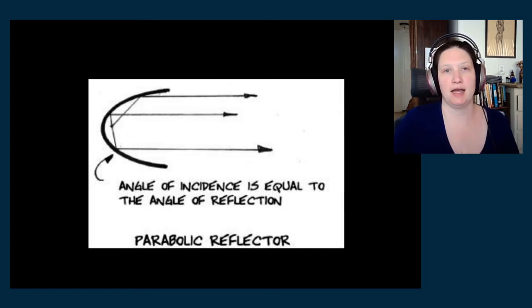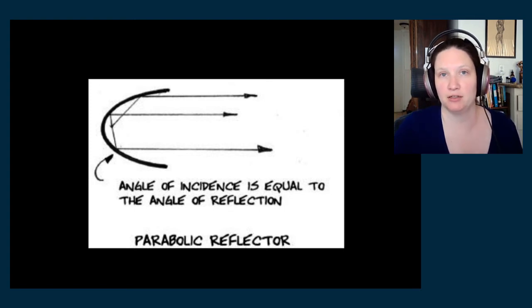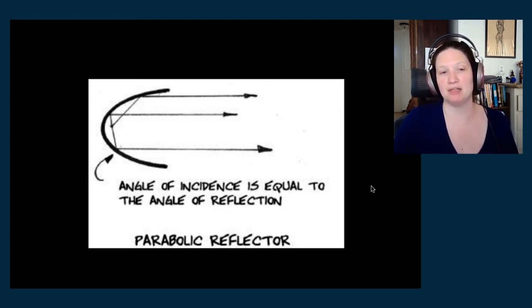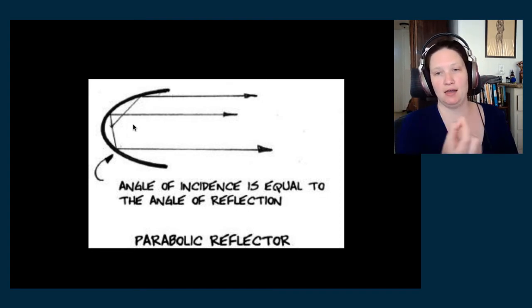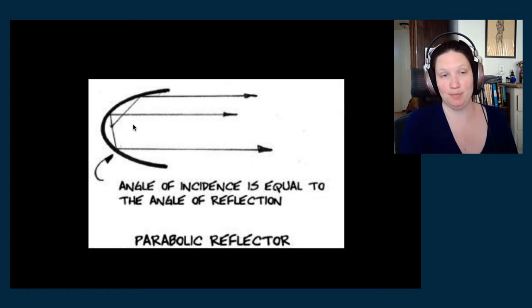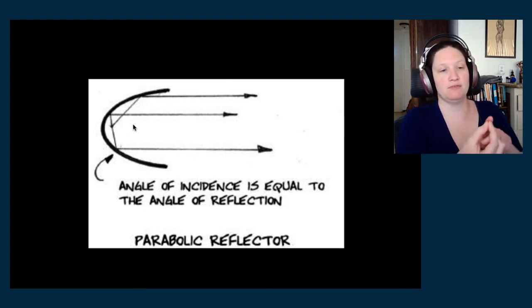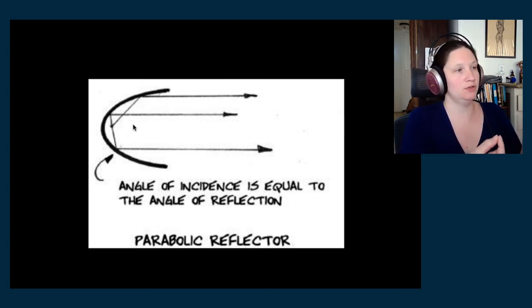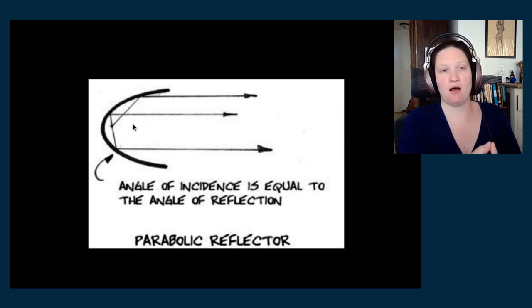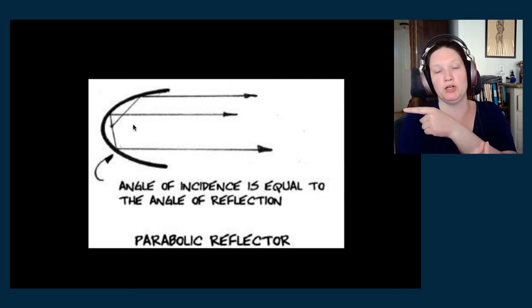As you would expect from parabolic aluminized reflector, it has a parabola-shaped reflector. So when you place a point of light or a lamp at the center, at the focus of that parabola, the beams of light will bounce off of the reflector and all of them will go straight forward, okay?